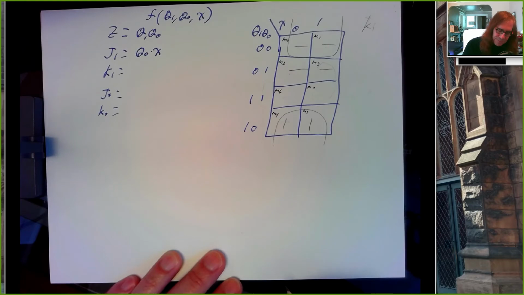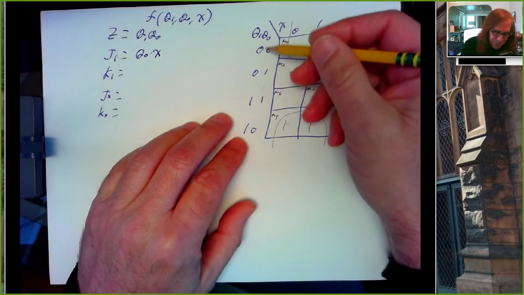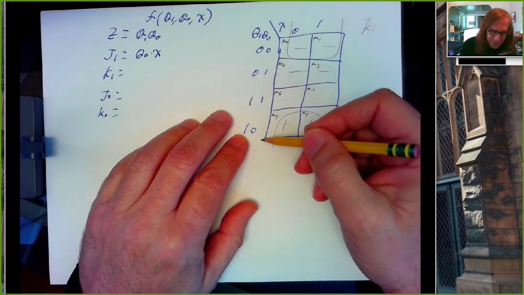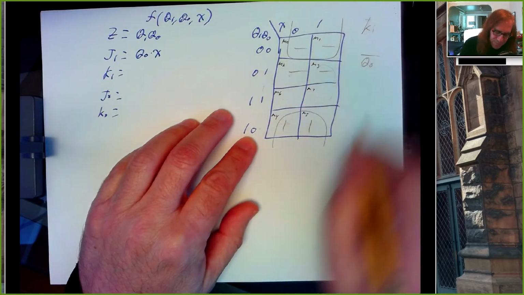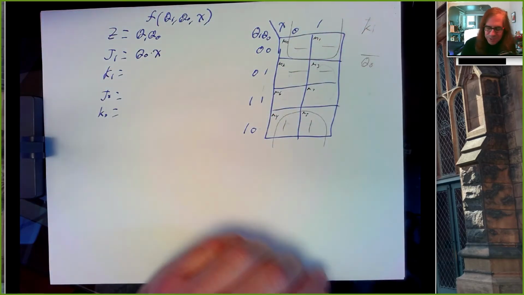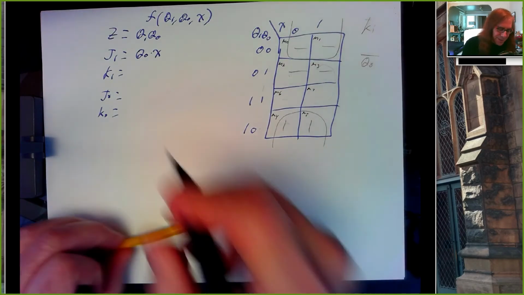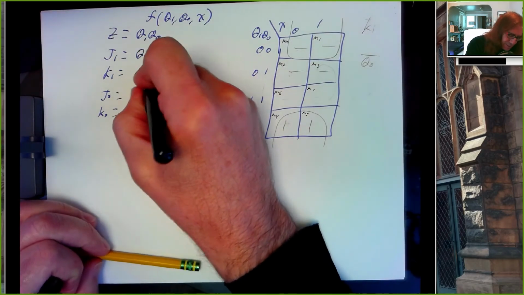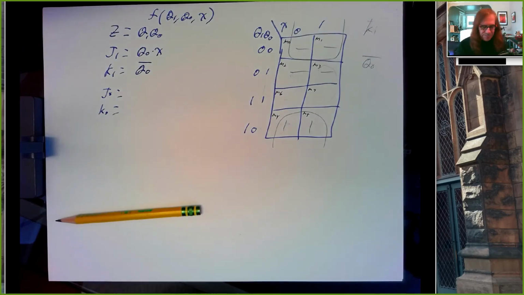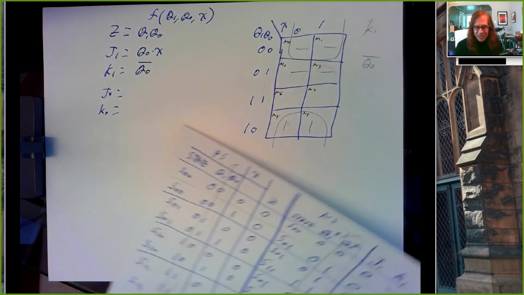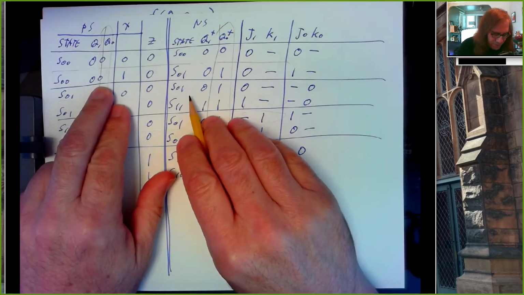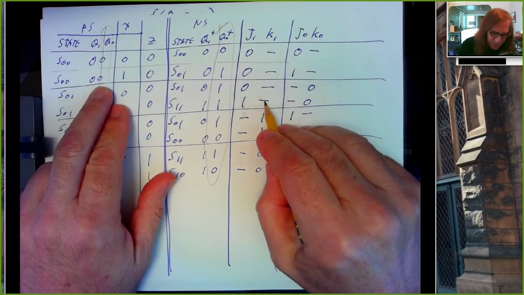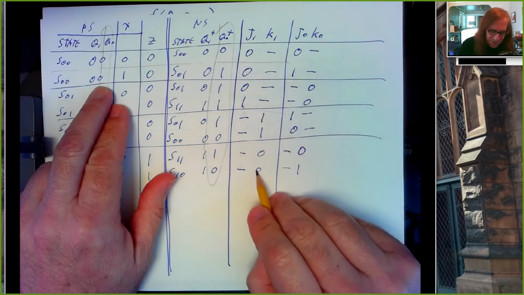Awesome. So what's the equation for this rectangle? Q0 not. So Q1 can be a 1 or a 0, so that doesn't matter. Q0 has to be a 0. And X can be a 0 or 1, doesn't matter. So K1 is just Q0 not. And if you look at your truth table, Q0 not would be 1, 1, 0, 0, 1, 1, 0, 0.